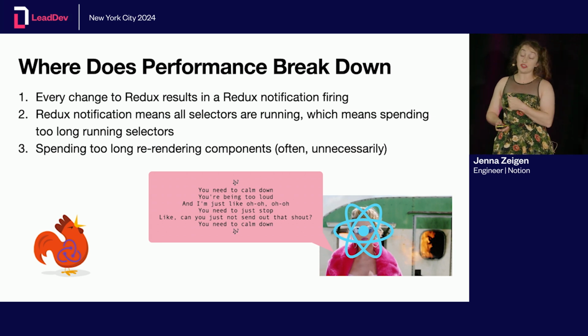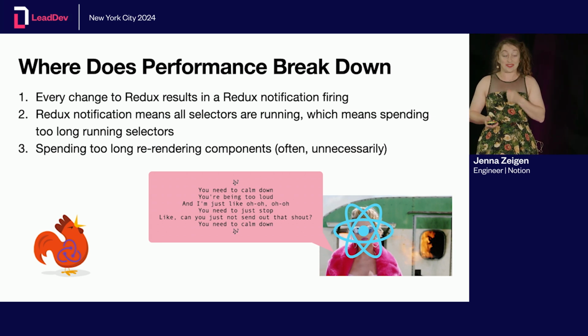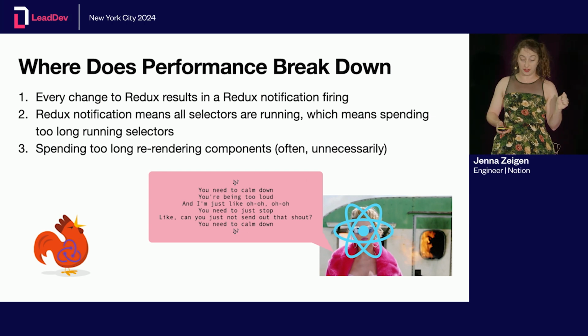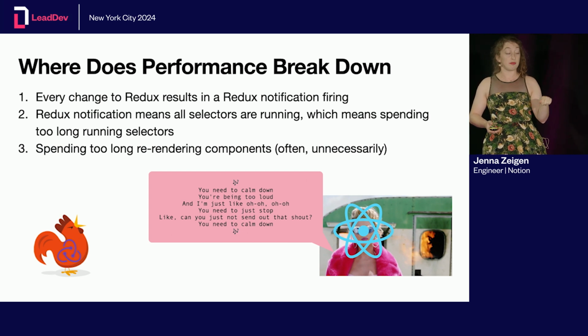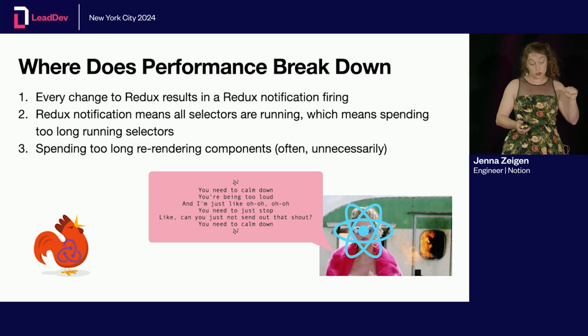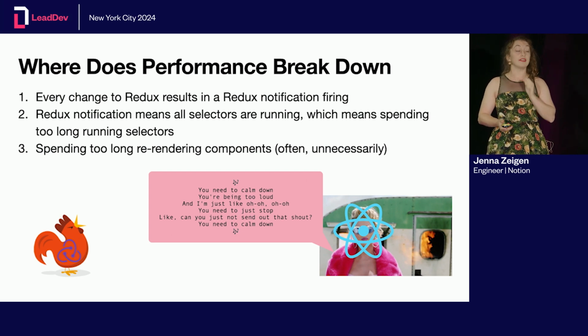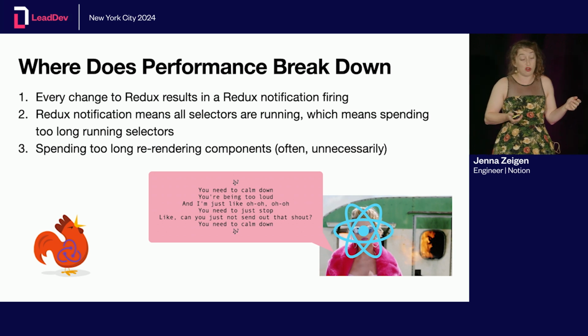You might start to see where this doesn't scale well, but every change to Redux results in a notification firing. Every Redux notification means that all of the selectors are running. Every component that is connected is going to spend time running selectors, which is too much time. And then we're spending too long re-rendering components, often unnecessarily, because humans don't write perfect code.